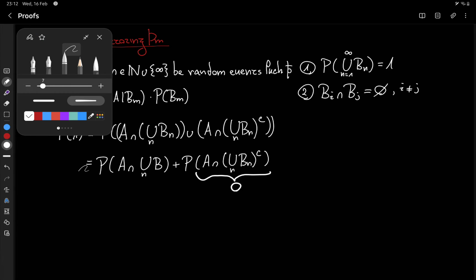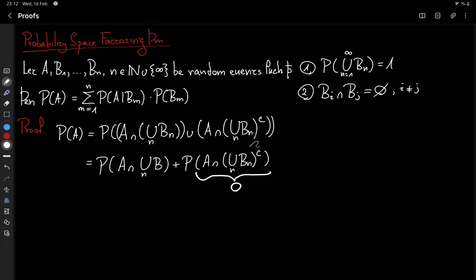Well, since the Bn cover the entire space, well then the complement must be quite small, and if we intersect it with A, it is even smaller than that. Meaning this is some set of measure 0, and hence the probability is 0.